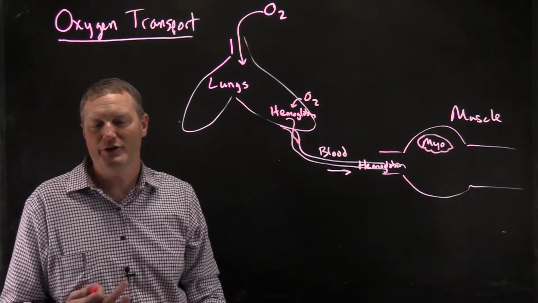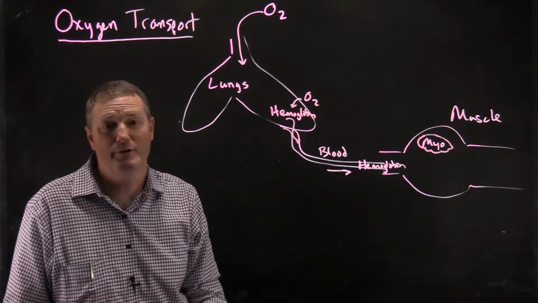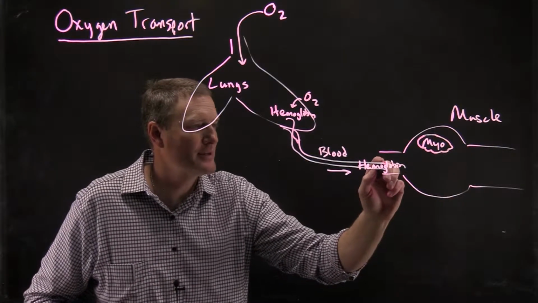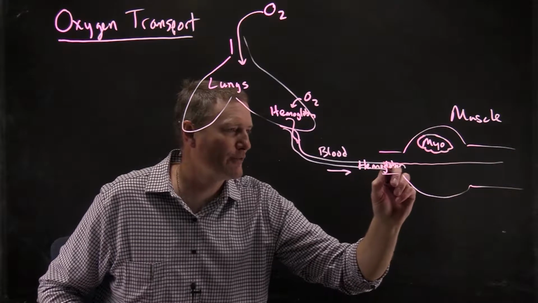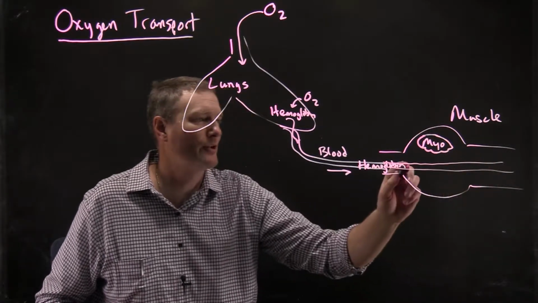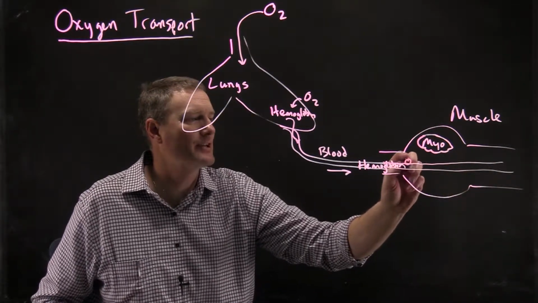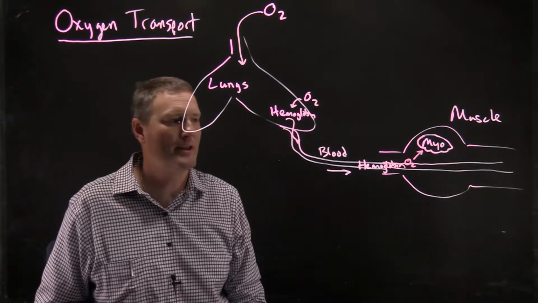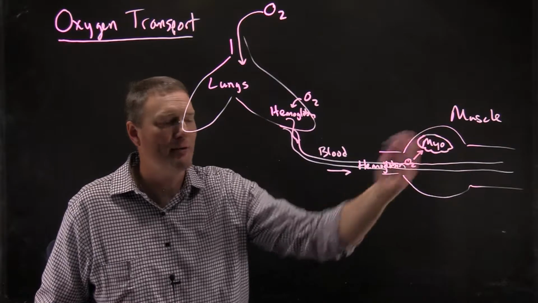Myoglobin you can think of essentially as an extremely efficient oxygen sponge. So as the capillaries containing our red blood cells flow by with hemoglobin, they're going to take that oxygen that's bound to hemoglobin and they're essentially going to suck it off of the hemoglobin. So myoglobin is going to sort of grab a hold of it.